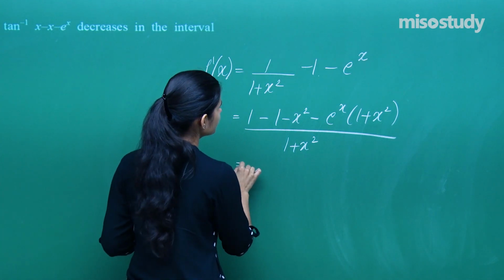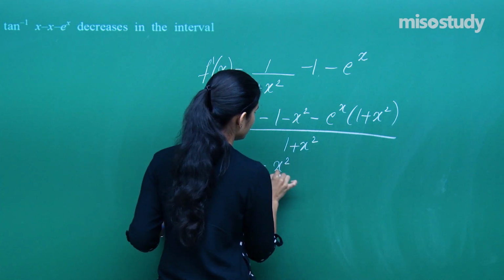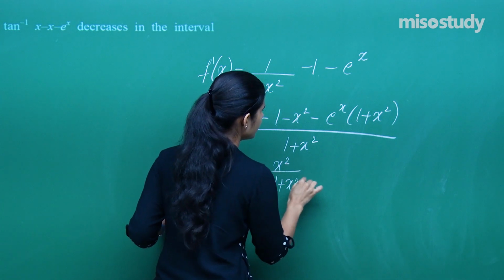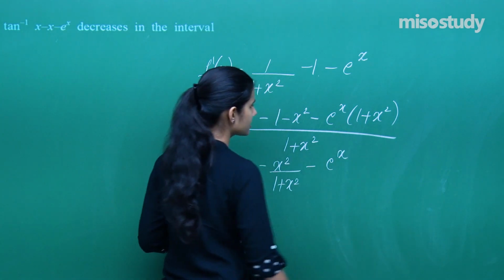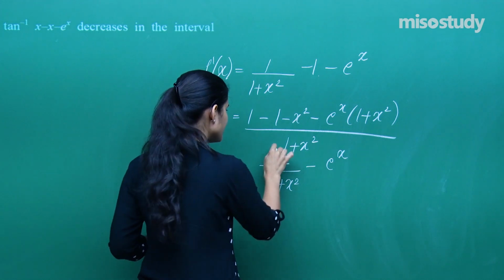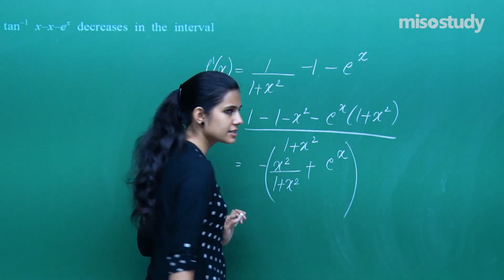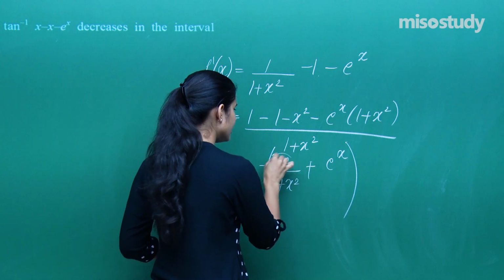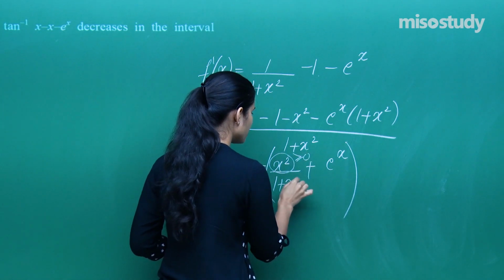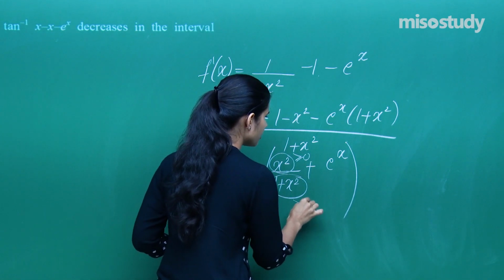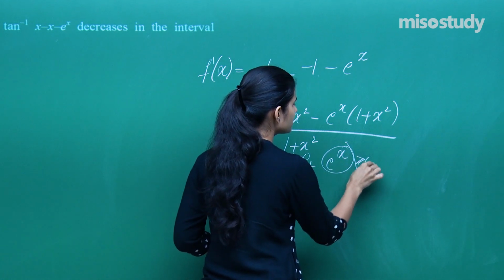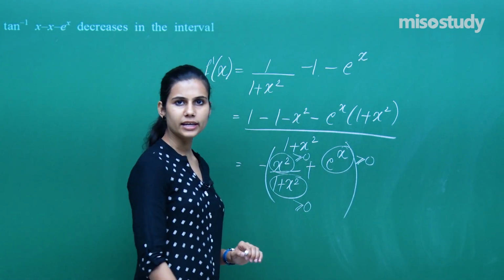Now this becomes minus x square upon 1 plus x square minus e to the power x, right? Minus you can take out common, you will be left with this. Now understand, this is always greater than or equal to 0, this is always greater than or equal to 0, so the sum of non-negative terms is also non-negative.